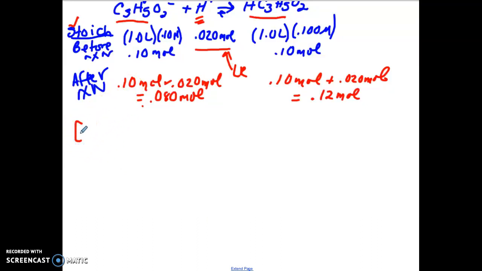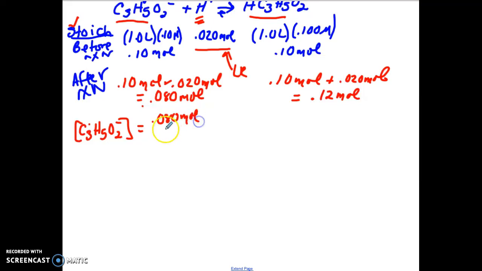So after the reaction, not equilibrium, but after the reaction, once I've completely done the reaction, my concentration of C3H5O2 minus is going to be 0.08 moles.